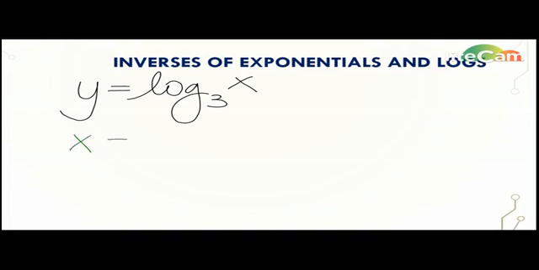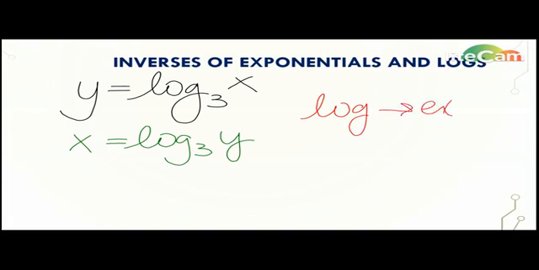So here I'm going to switch the x and the y again. Okay. And I'm going to go from a log to an exponential, so I've got to make sure that this looks like an exponential equation. So the word log can't be in it. Okay, now, notice that there is a y inside of here.